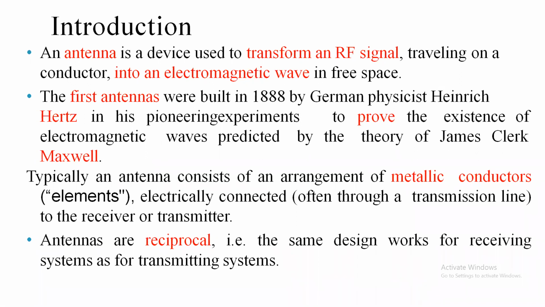The first antenna was built in 1888 by Hertz. As we know, the unit of frequency is hertz, that means his name is used as the unit for frequency, right? Generally an antenna consists of an arrangement of elements. That means an arrangement of conductors. Elements are nothing but conductors.